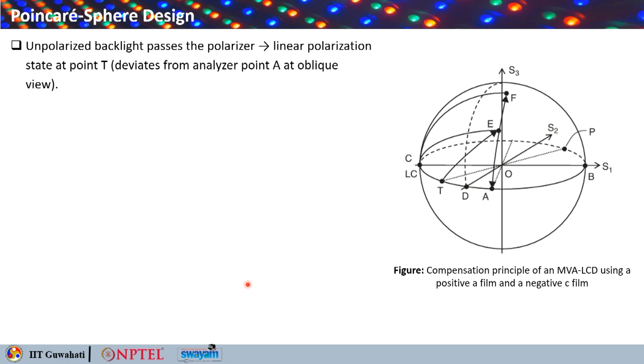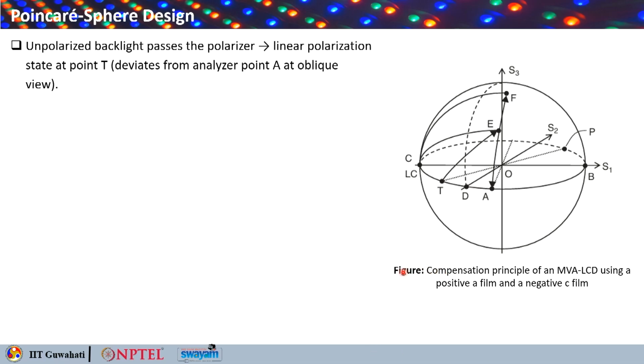This slide shows the Poincare sphere compensation mechanism conceptually, which will allow you to design that kind of compensation film. The unpolarized light passes the polarizer, and you need to first trace the polarization path step by step.